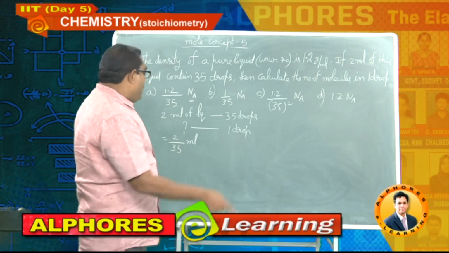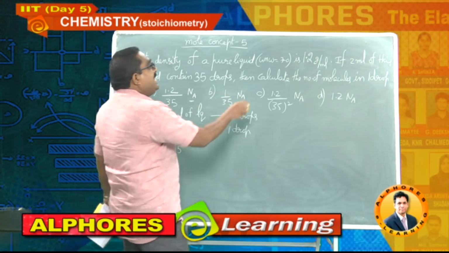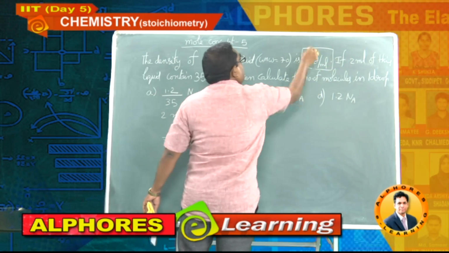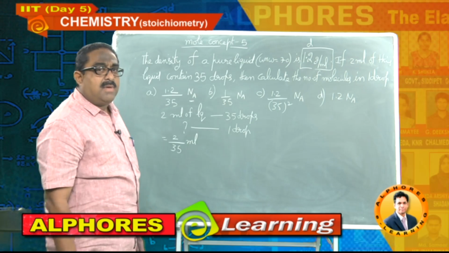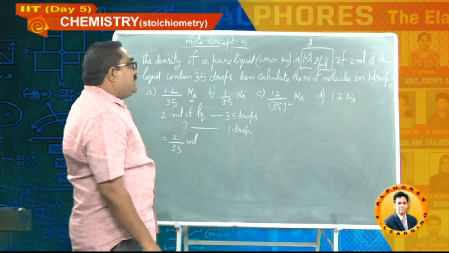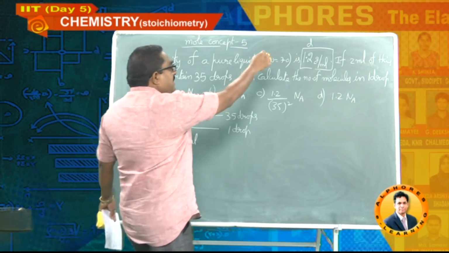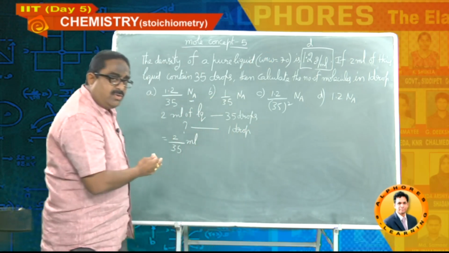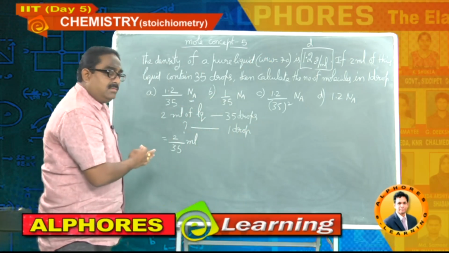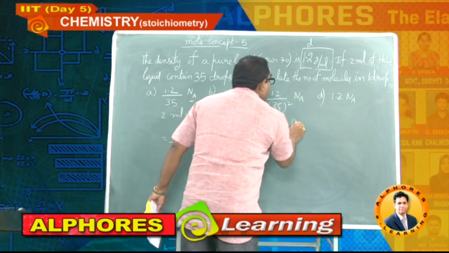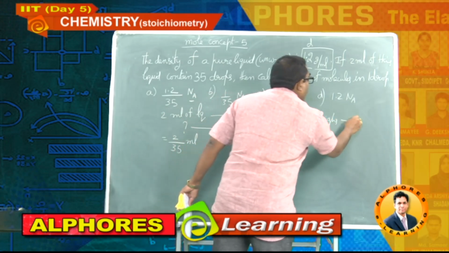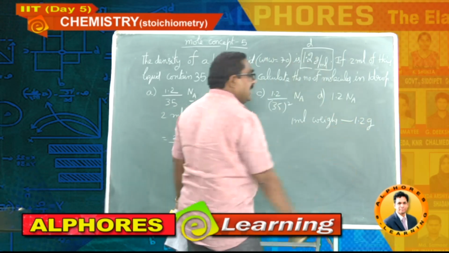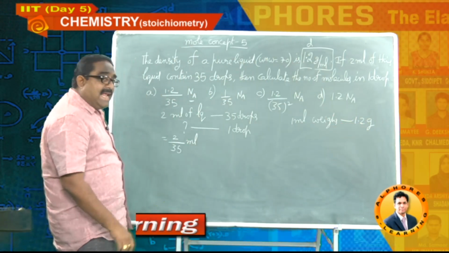But to calculate the number of molecules, we need the weight of the liquid, and in the question itself he has given the molar mass. If you know the weight, you can calculate the number of molecules. So to calculate the weight of that liquid, he has given one more data, that is density. What is density? Density is nothing but mass by volume. So I can write like this based on the density data. You please note it down, students. Don't neglect to write it down. 1 ml weighs 1.2 grams. That is the meaning of density.